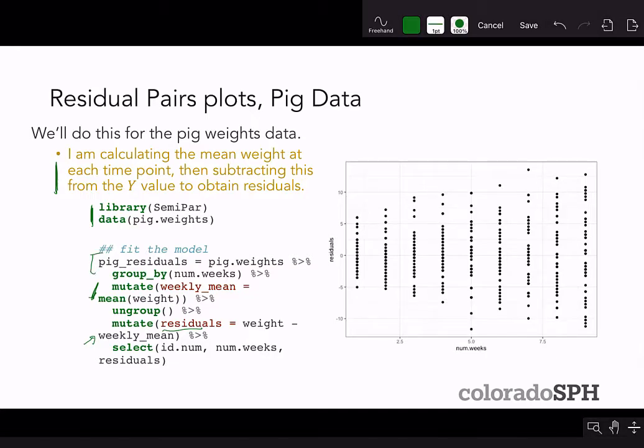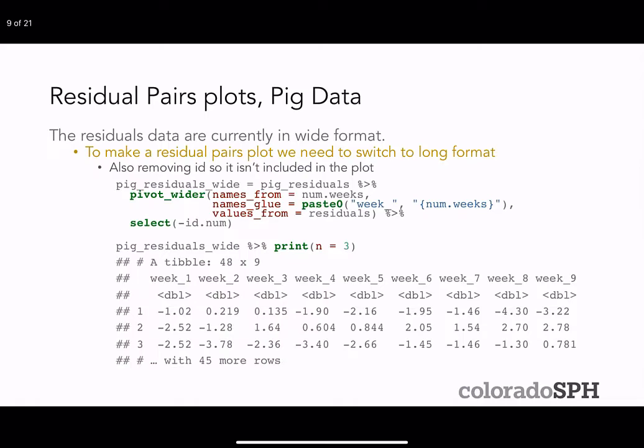And so then I actually plotted these residuals against the number of weeks here, and you can see that since the mean has been subtracted, we now have mean 0 residuals for our data set. So then the next thing we're going to do is transform this residuals data set from long format to wide format.